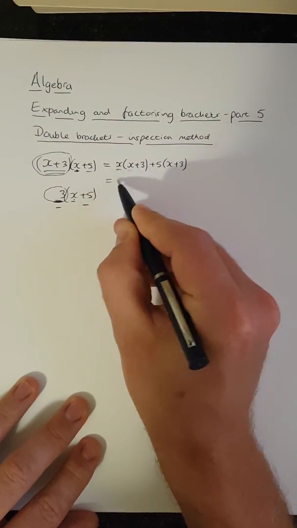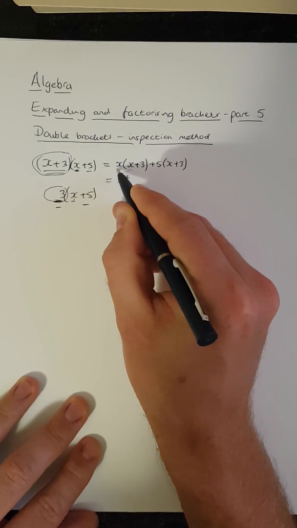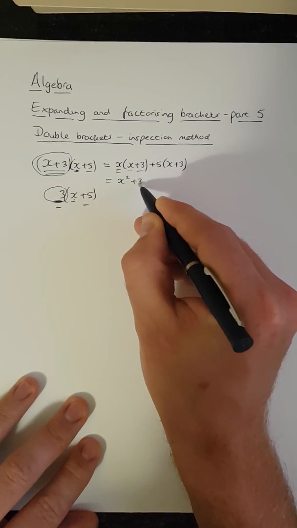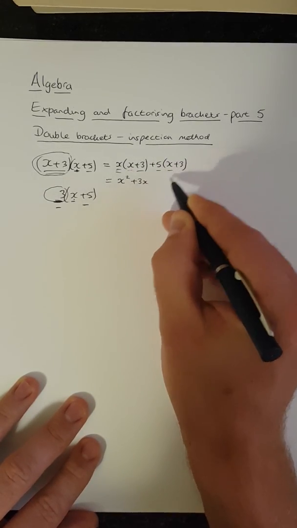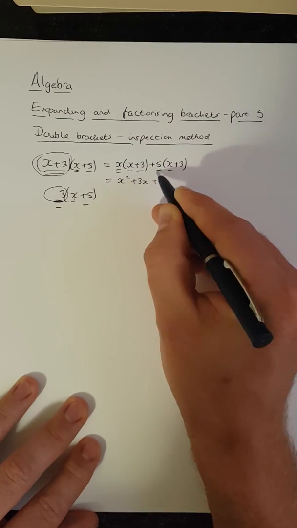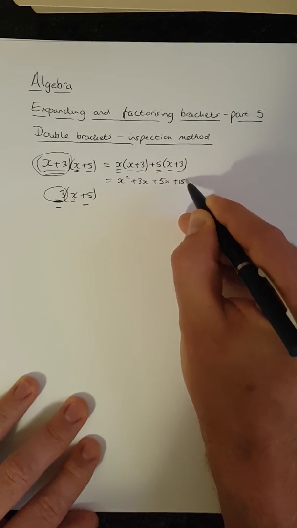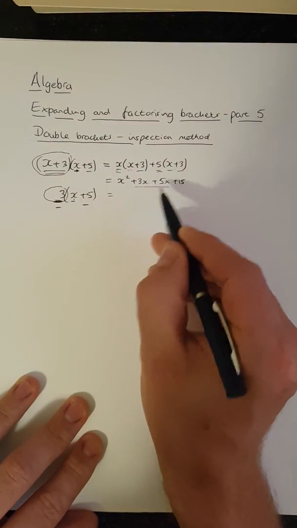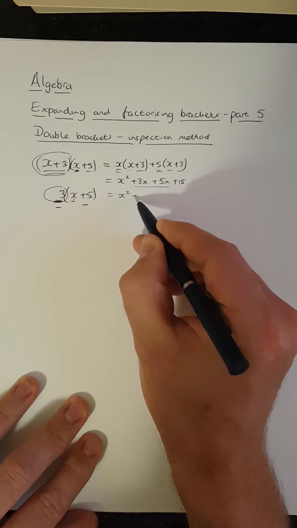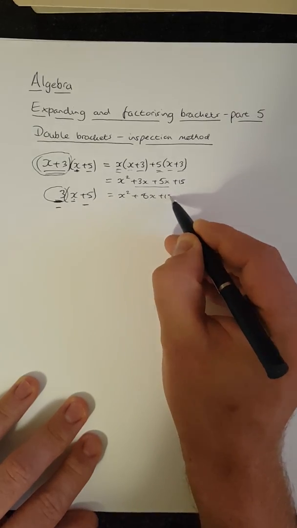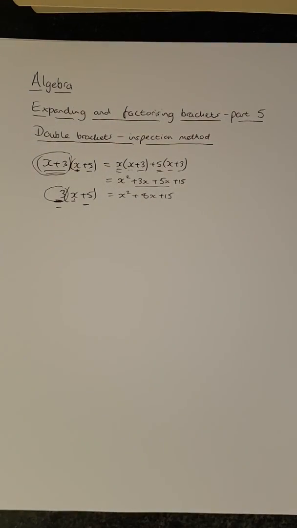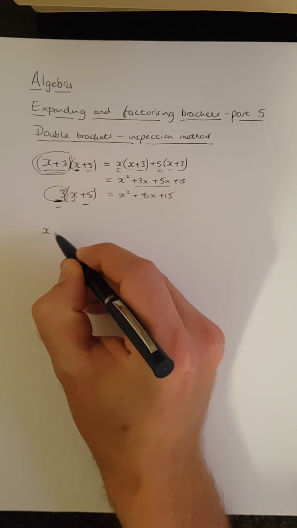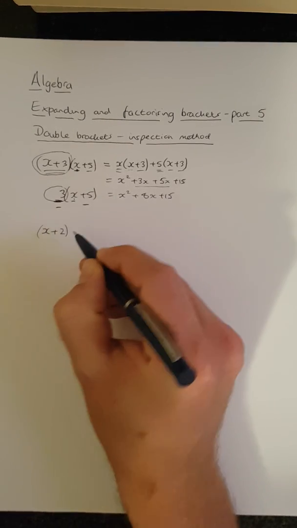Now I expand these single brackets. Then I look for simplifying, and I find that these middle 2 can be simplified together, and I get 8x. So, I've got a method here. We'll do one more like this, and then we'll look at introducing some negatives and some other bits.